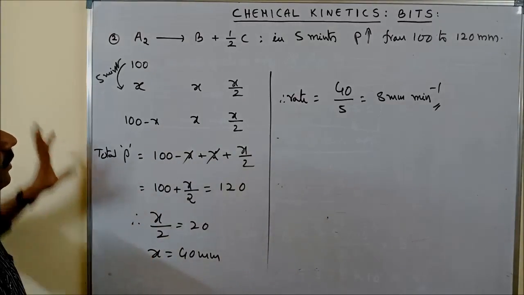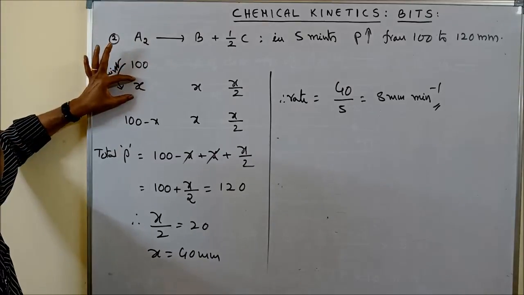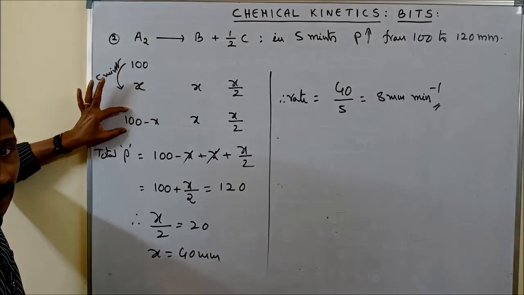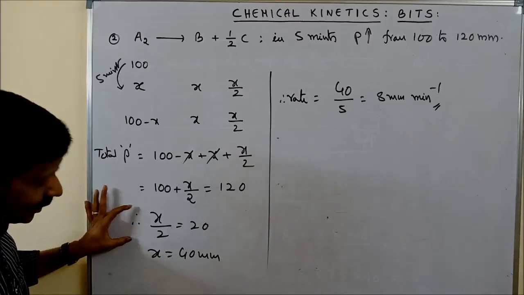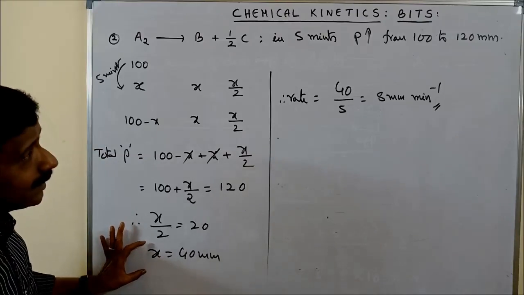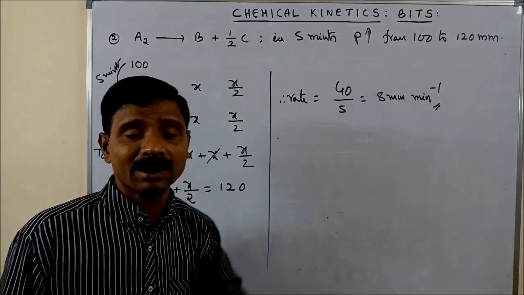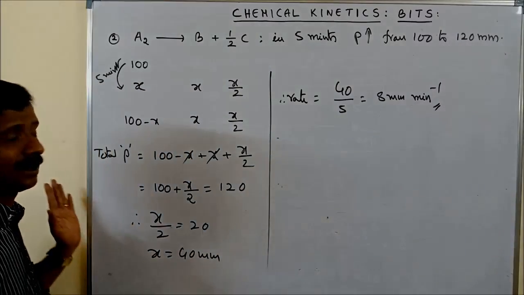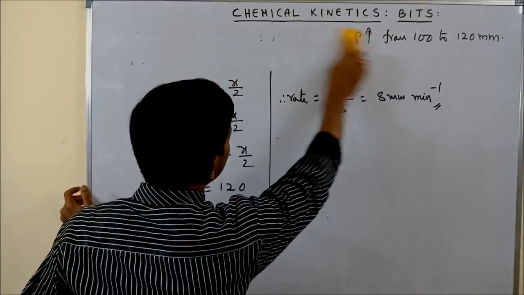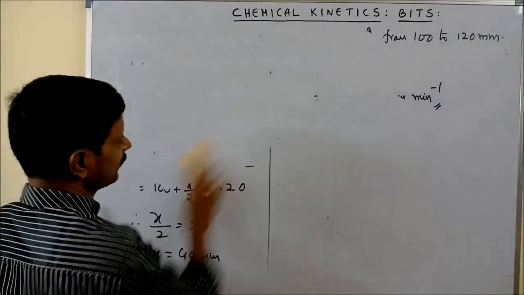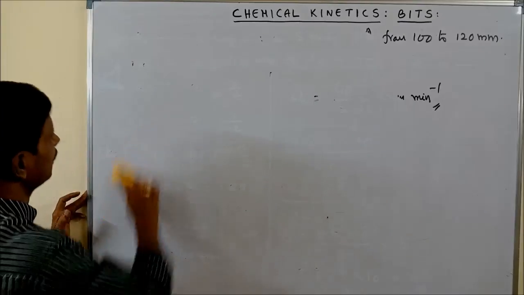So be clear about that. Initial, involved, remaining, and we have to equate to the total. As per that, in 5 minutes, what is the decrease in pressure? Then per minute, that is nothing but rate. So this is another important one. And next, one standard model based on that rate.